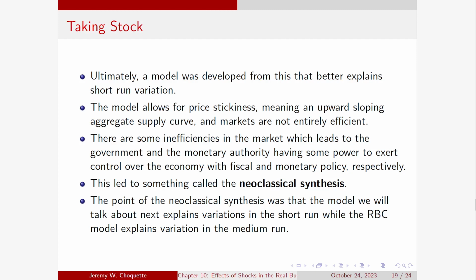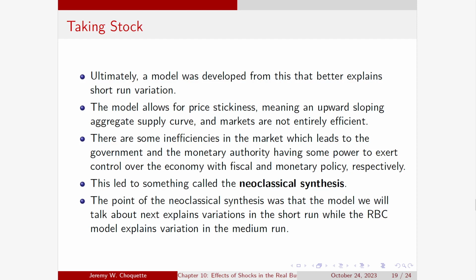So, ultimately, a model is developed from this one that better explains short run variation. And that model allows for price stickiness, which then gives us an upward sloping aggregate supply curve. And it's also going to tell us that markets aren't entirely efficient. So there are some equilibria where the equilibrium is not an efficient equilibrium.